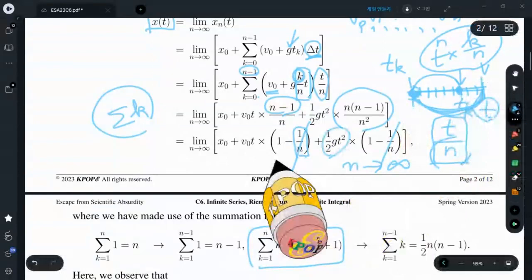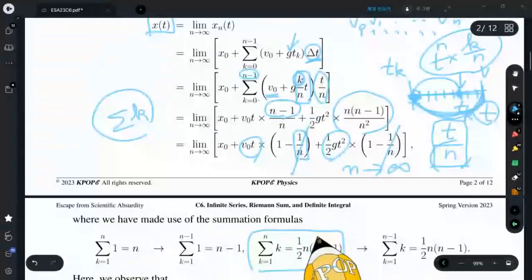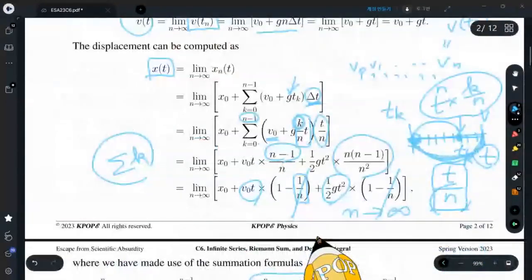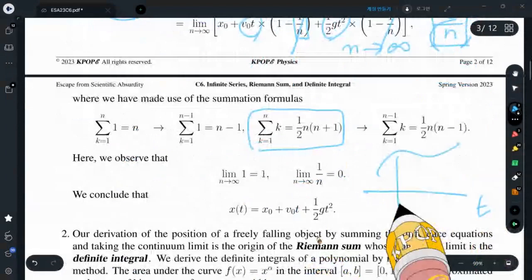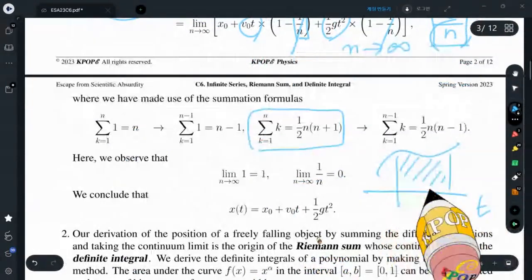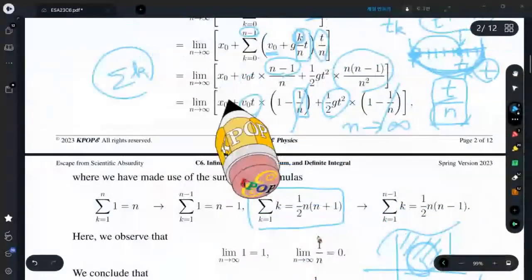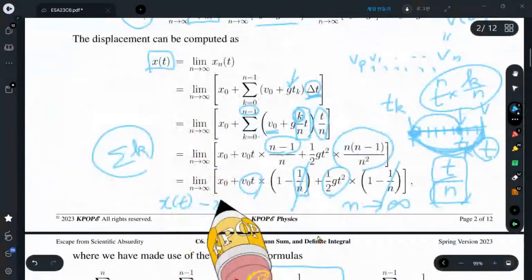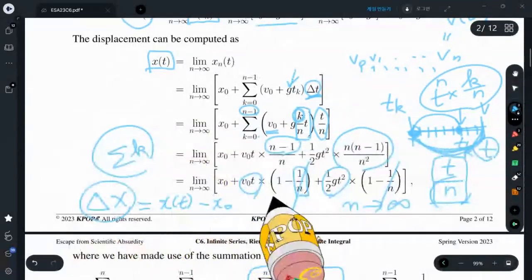This is therefore the exact solution, representing the area under the curve, that is the velocity. Under this curve, this is the displacement. x of t subtracted by x initial, that is the change in position, that is this integral.